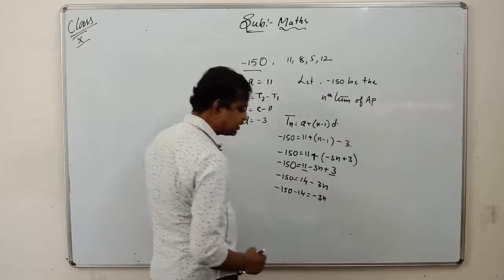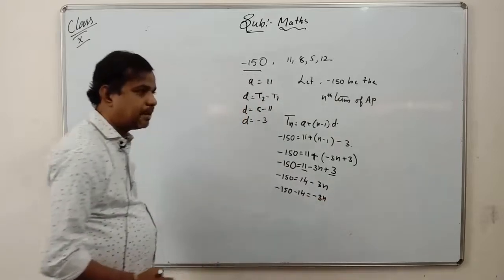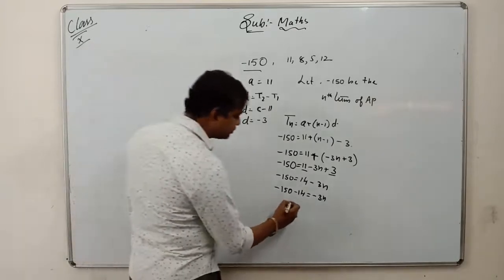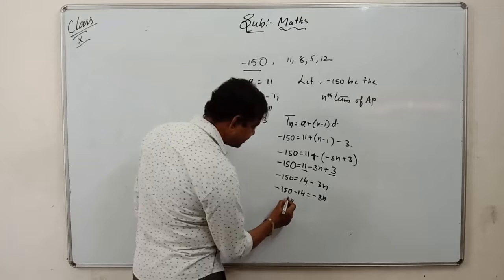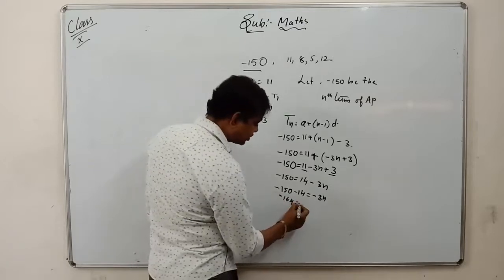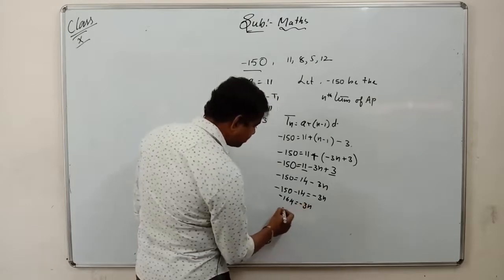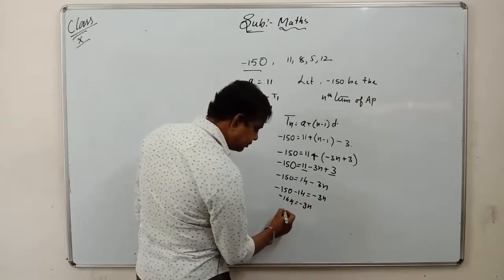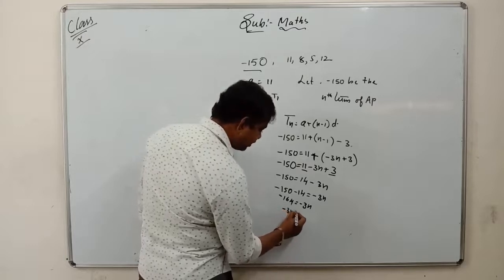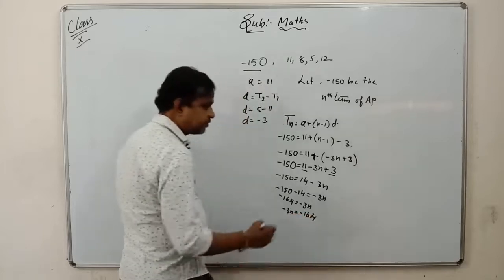Minus 3n remains the same. So 150 minus 14, how much you will get here? 164. Minus 164 equals to minus 3n, or minus 3n equals to minus 164, so that it will be easy for you.